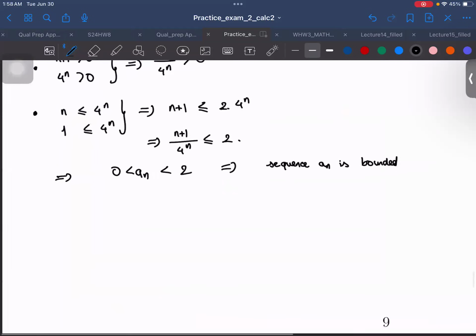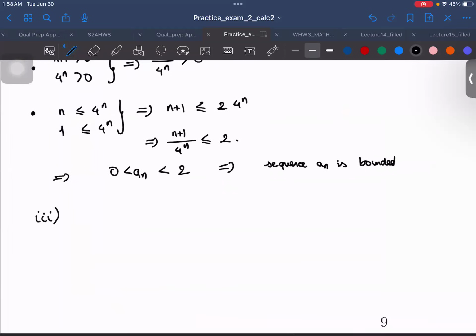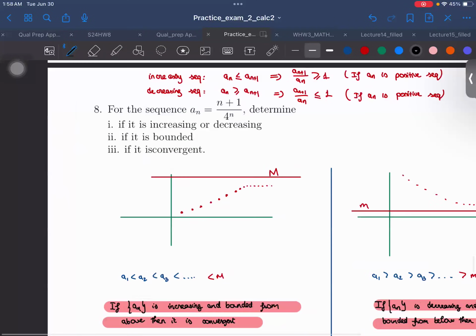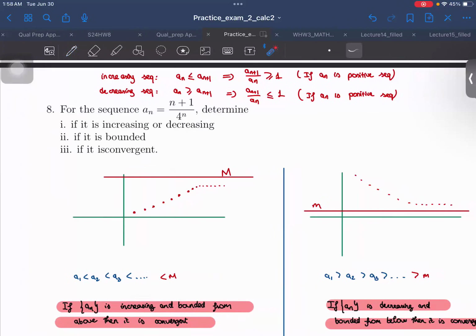Okay, and last thing, part 3 of the question wants you to explore if the sequence is convergent or divergent. Over here you have explored some properties of your sequence, so you can use the properties to conclude the convergence of your sequence.